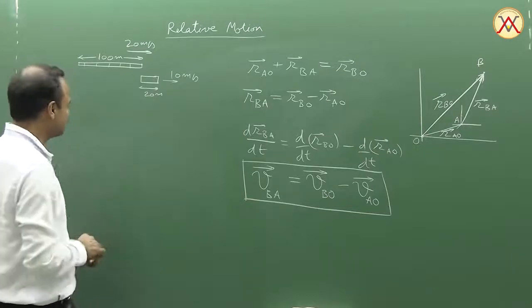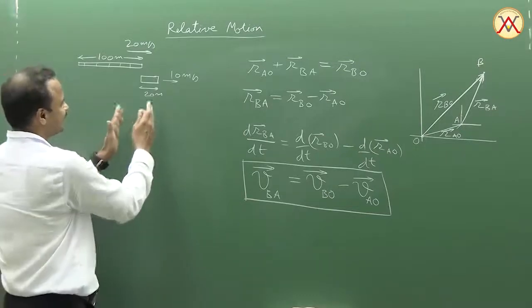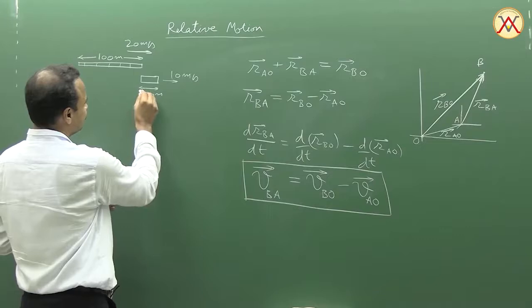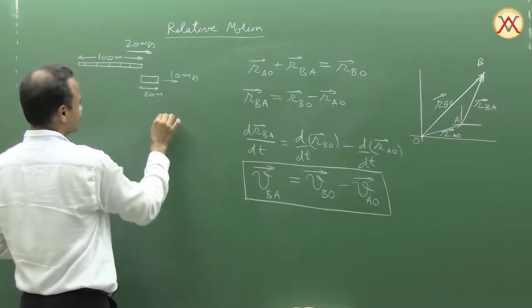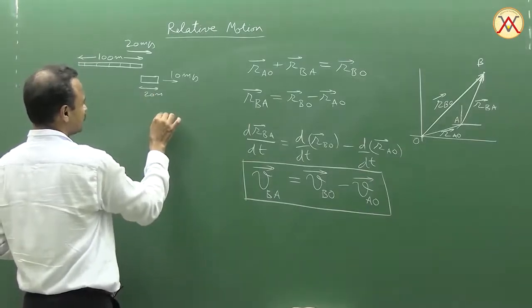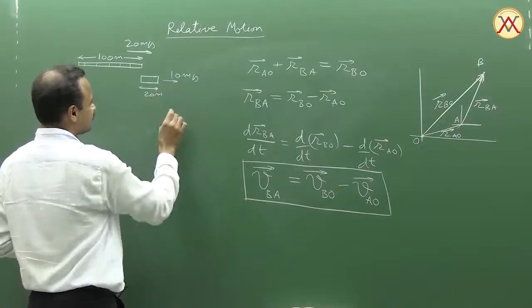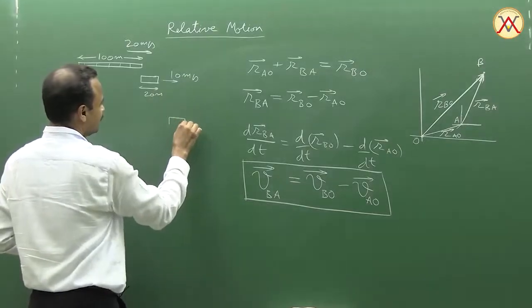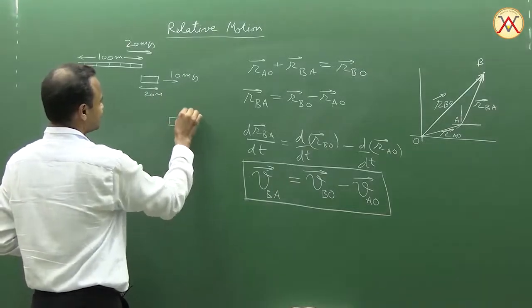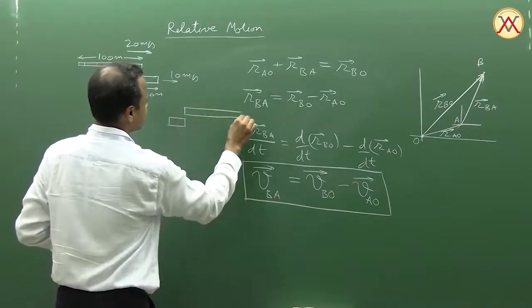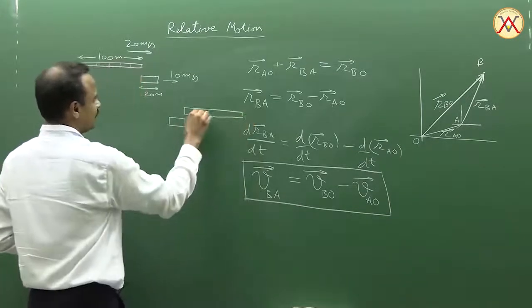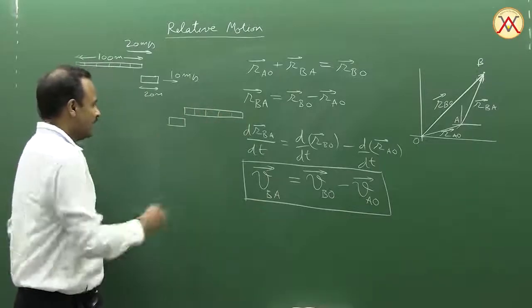Now, that observer will see the situation like this: after some time, the bus may have moved a little forward, say the new position of the bus is somewhere here, and the train which has just overtaken the bus is somewhere here. Alright, this is the train.